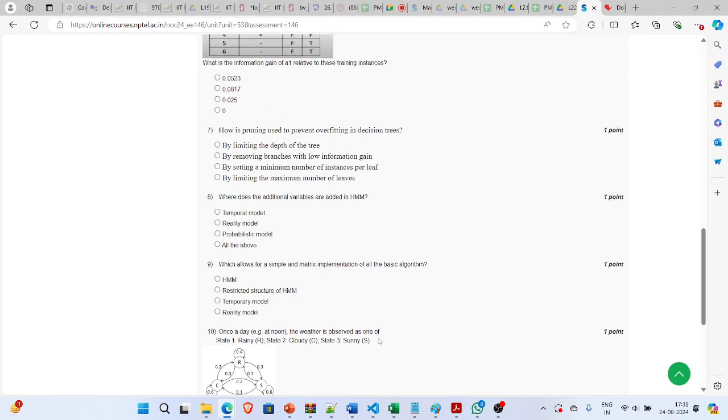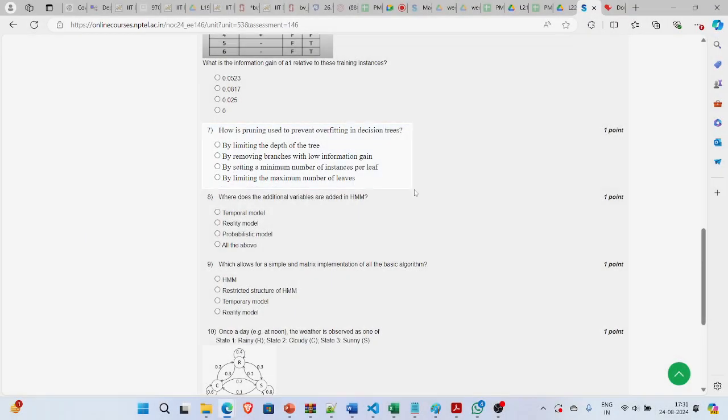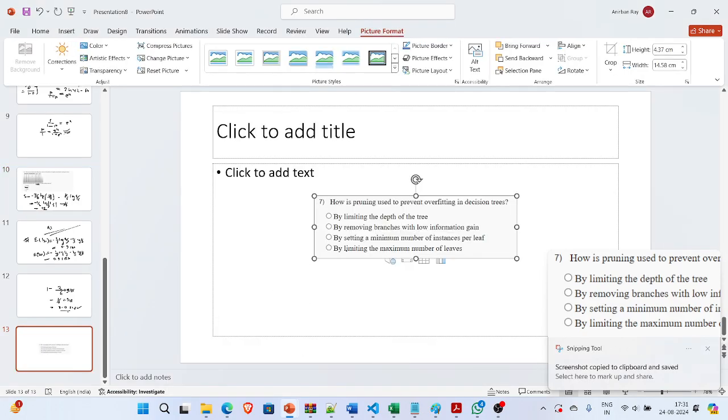Next, how is pruning used to prevent overfitting in decision trees? So option B is the best answer, going by our theory.